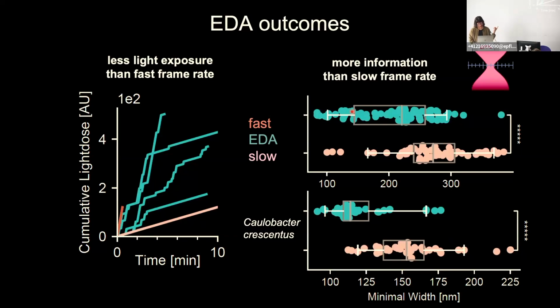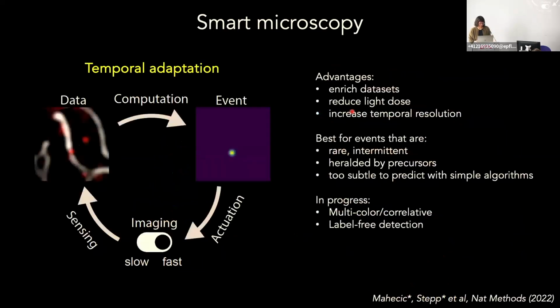They actually undergo similar shape transformations, and we were able to use the same network to enrich for bacterial cell divisions as well. And so the idea of this initial implementation is temporal adaptation between slow and fast imaging. Some of the advantages are that you enrich the data sets for events of interest, you reduce the overall light dose, and you increase temporal resolution.